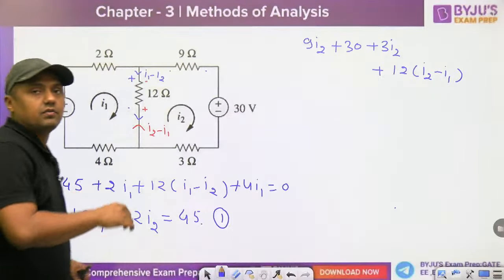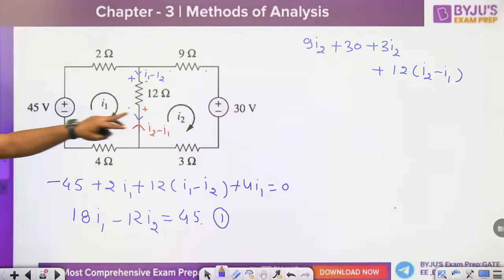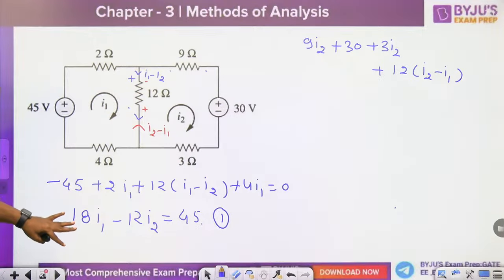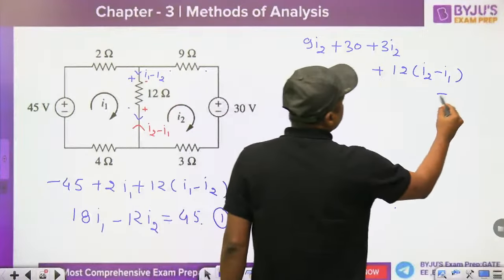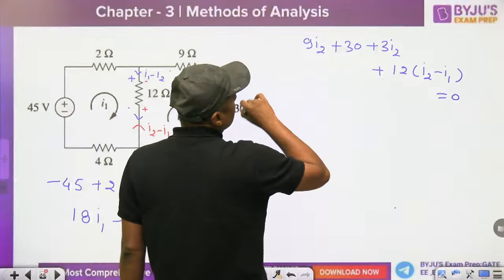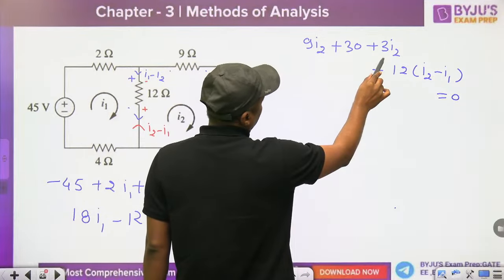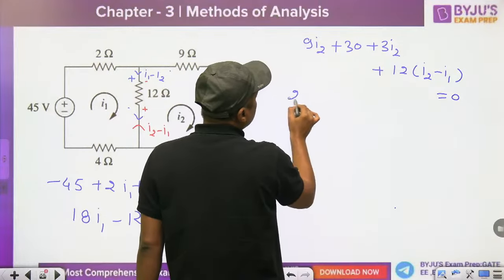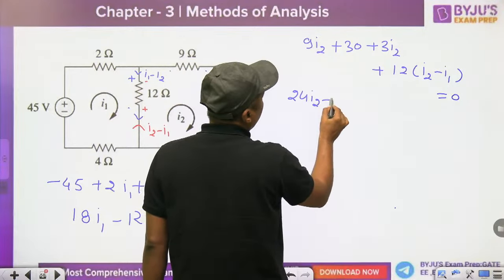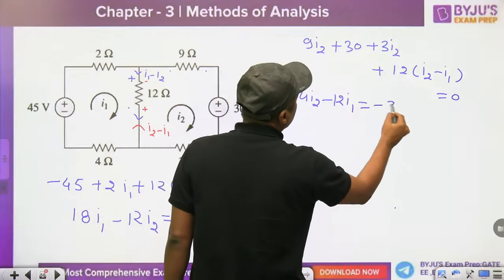So we are writing the KVL. This is the KVL. Now 45, 30 volt. This is the first equation. Now what is the second equation? Is equal to 0. Now watch. This is 9 plus 3, 12, plus 12, 24. 24 I2 minus 12 I1 is equal to minus 30.